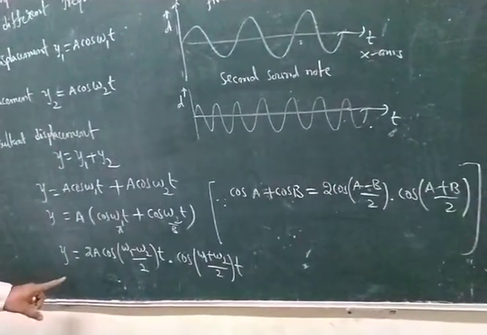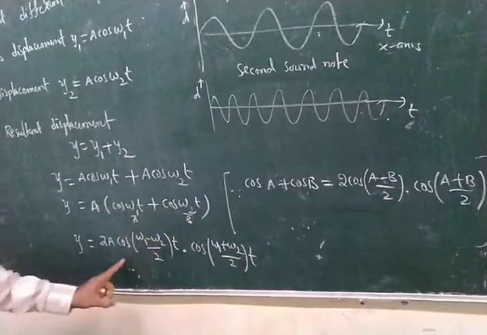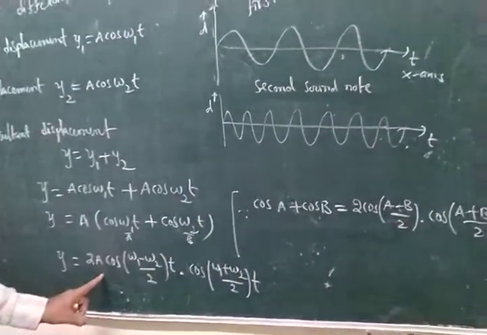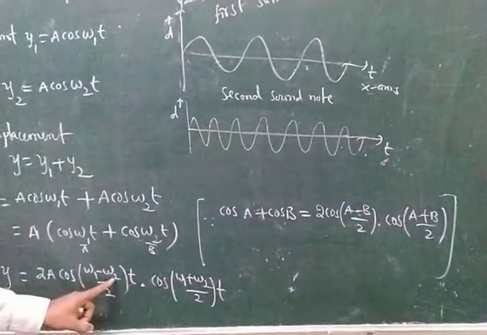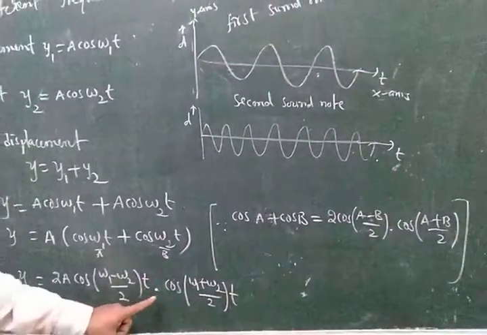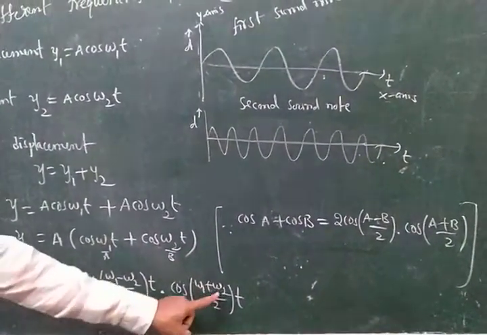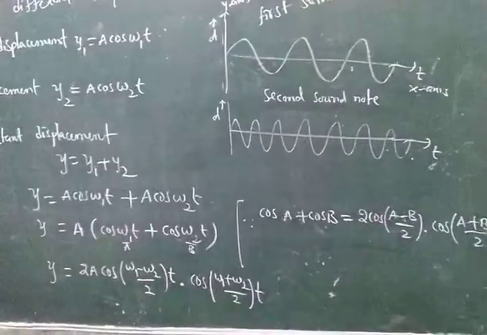This is the formula. We are getting y is equal to 2a cos of (omega 1 minus omega 2) by 2 into t into cos of (omega 1 plus omega 2) by 2 into t.